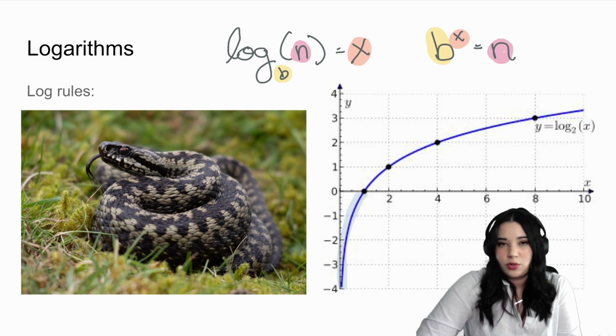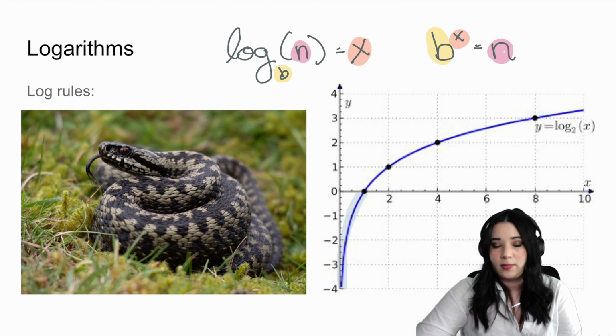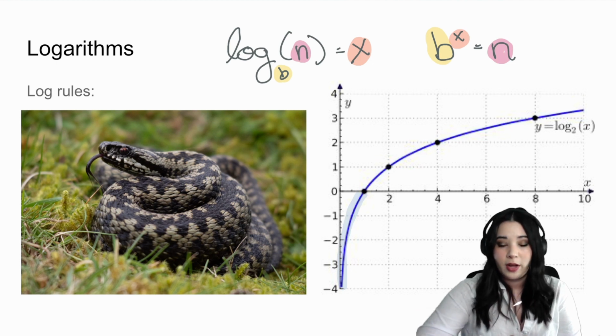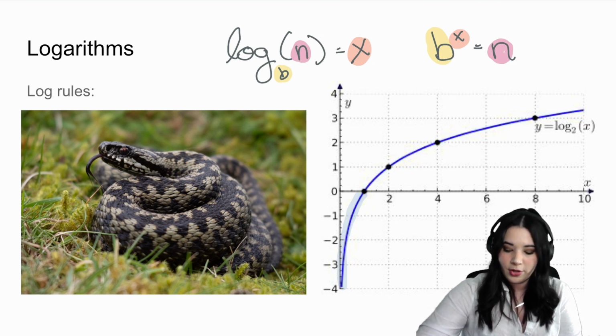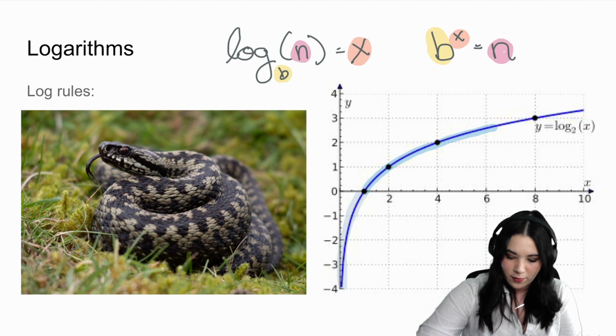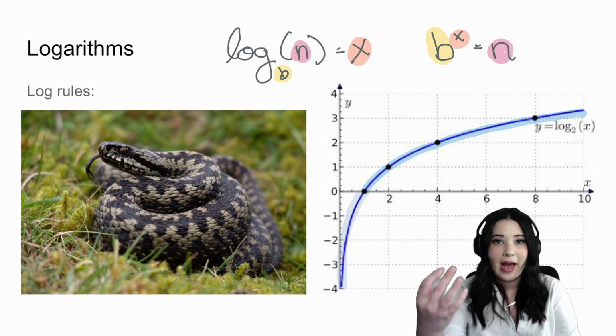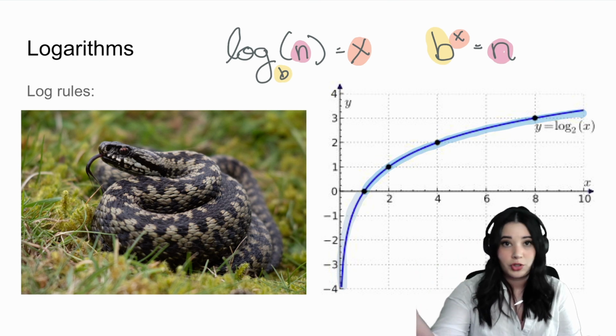And that's true no matter what the base of your logarithm is. If you plug in log of some number between 0 and 1, you're going to get a negative value. Anytime you plug in a number greater than 1, you're going to get a positive value for that log. And that's because we've just defined for logarithms that any number to the power of 0 is equal to 1.